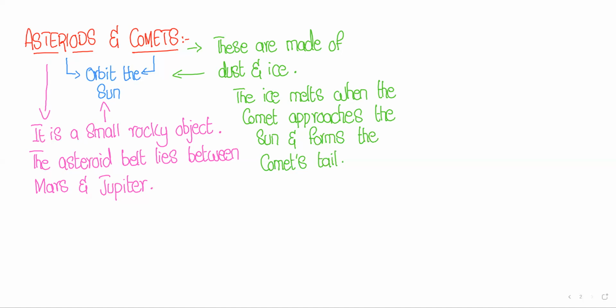Most people said that was a star falling to the earth, but the size of a star is very much greater compared to the earth. So if a star fell on the earth, there would be nothing left on the earth. So the star will never fall. That was a comet, made up of ice, and the ice was melting. That's why it acts like a tail of the comet when it is approaching the sun, right? So that is the concept of asteroids and comets.